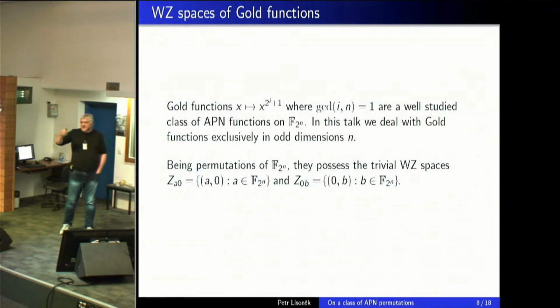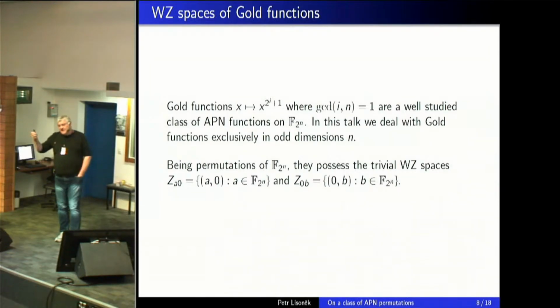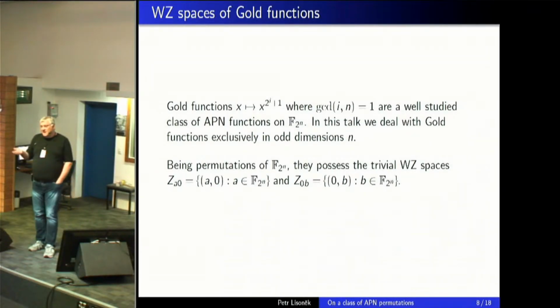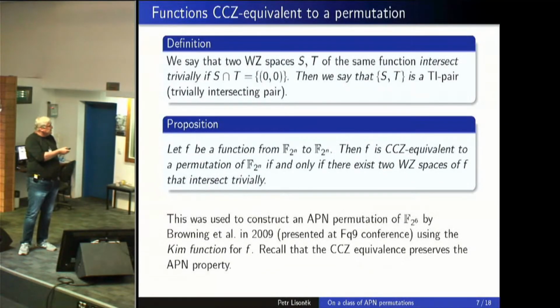As I said at the beginning, today we do an easier version of it. We look at what it does in all dimensions, and specifically if you start with the Gold functions as your starting functions. The Gold functions will take the place of this Kim function f.